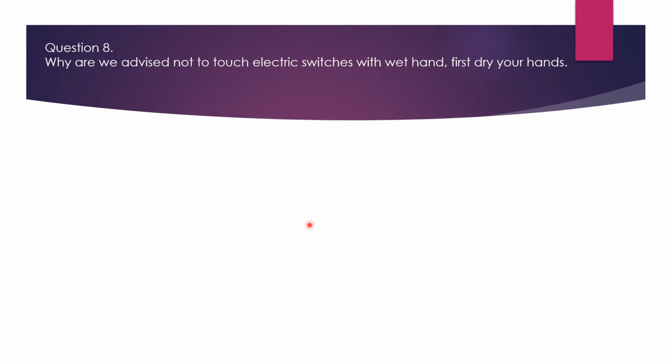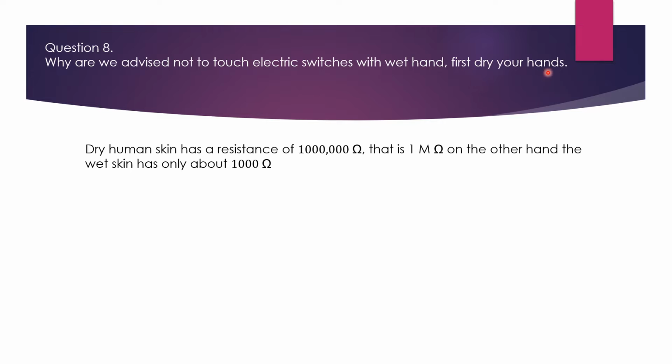Question number 8. Why are we advised not to touch electric switches with wet hands and to first dry our hands? Note that dry human skin has a resistance of 1 mega ohm. On the other hand, wet skin has only about 1000 ohms, that means 1 kilo ohm.